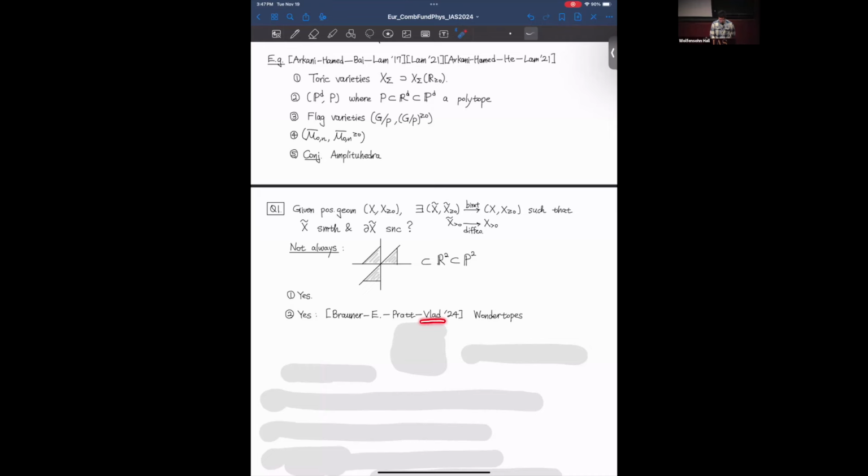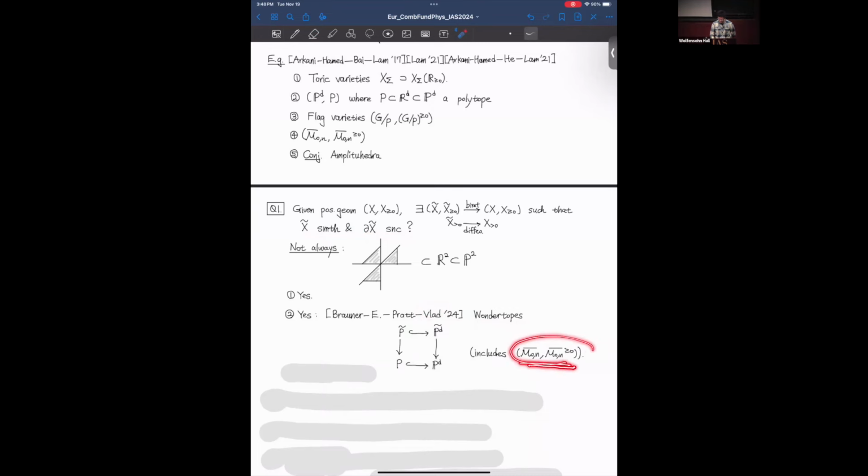And Raluca will actually give a short talk on this work that we called wondertopes, which is exactly the answer to whether such nice resolutions of singularities exist in the polytope case. And if you would like to know more about such things, I certainly encourage you to attend her talk, I think on Thursday. And for instance, this picture includes the M0n bar picture.